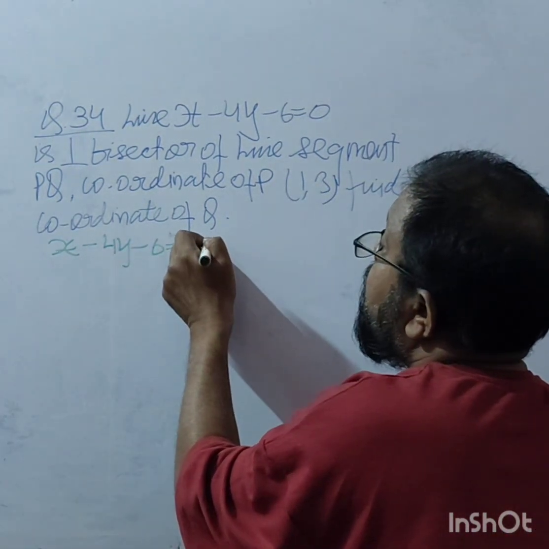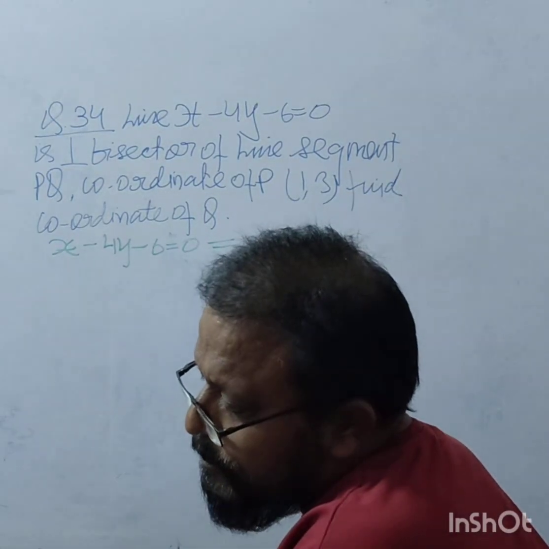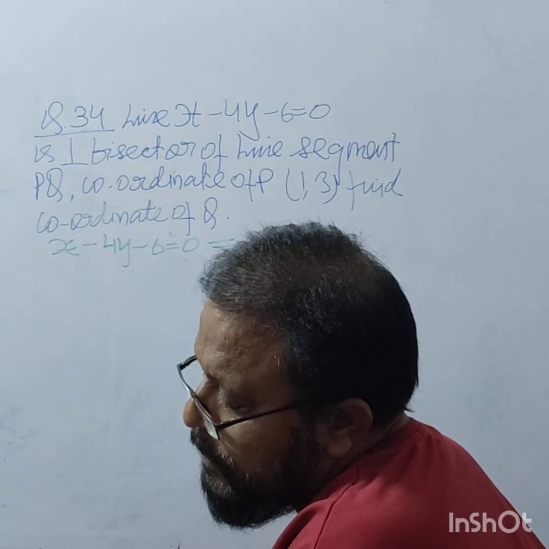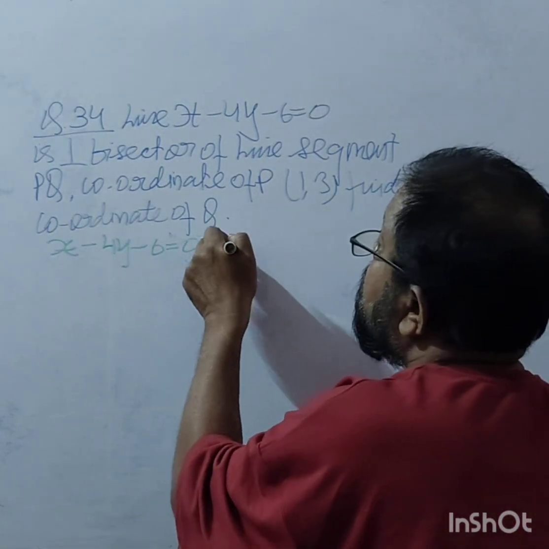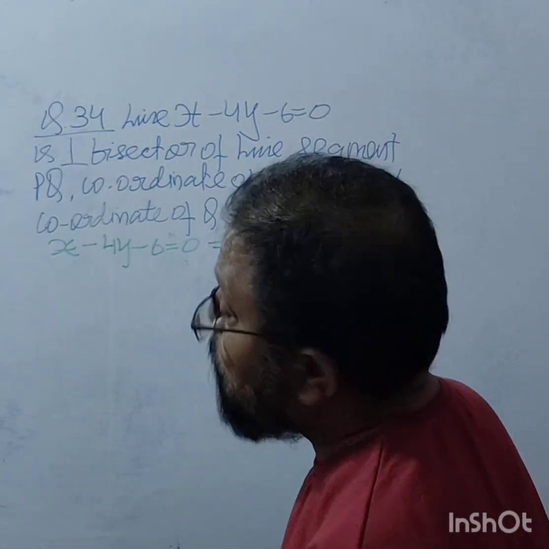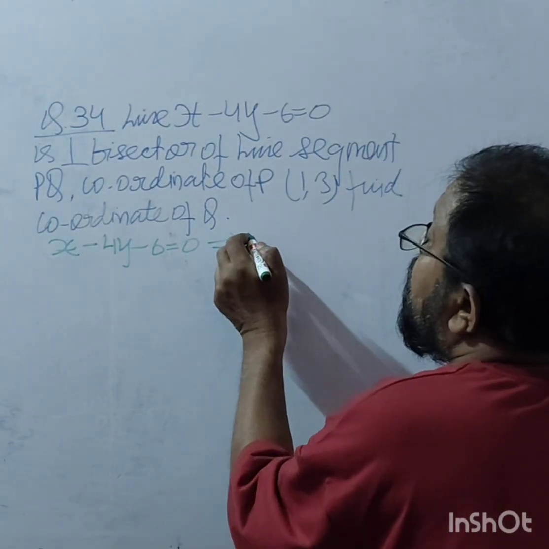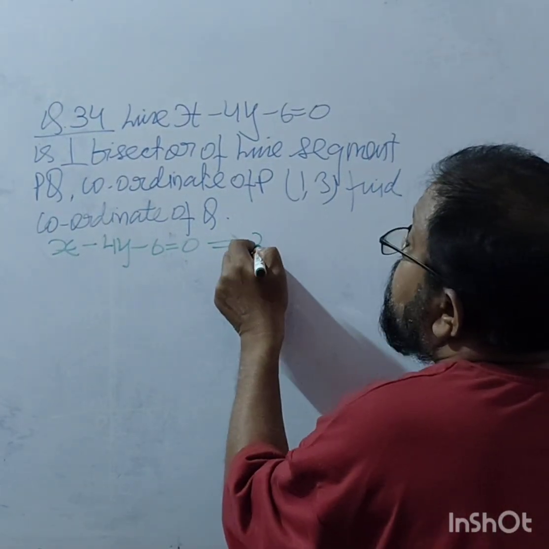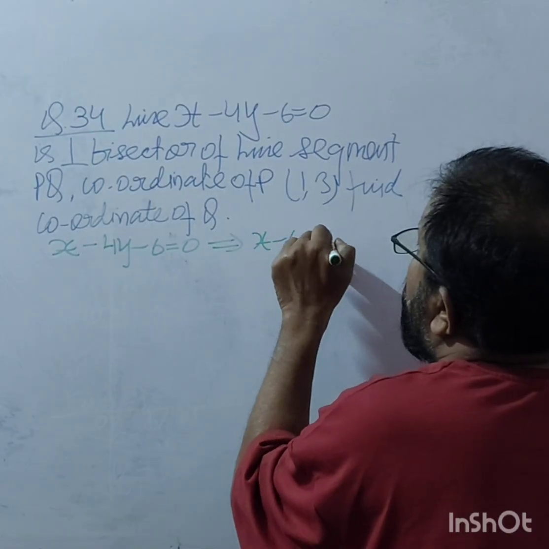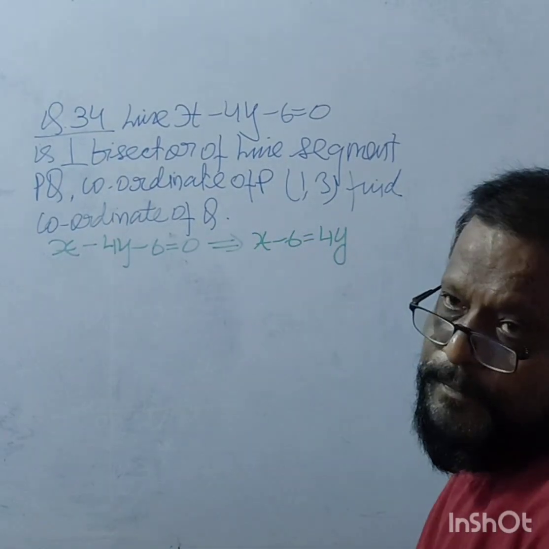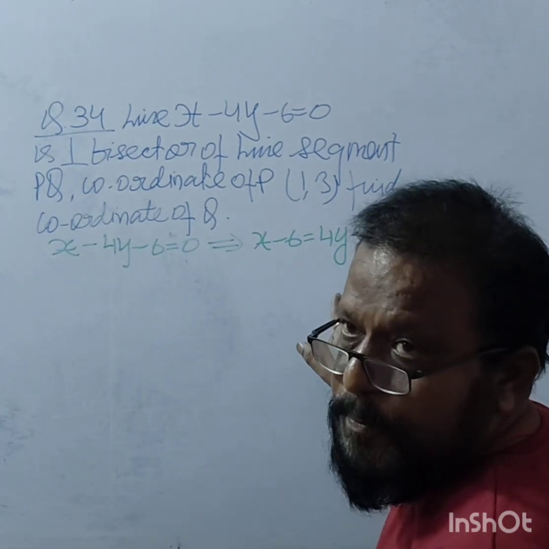So you can write it: 4x minus 6 is equal to 4y. Bring this minus 4y on this side, it turns positive.